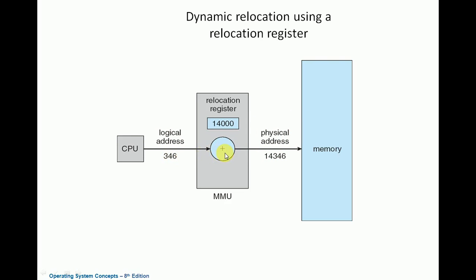The logical address is added to the value of the relocation register, that is the address stored in the relocation register, which is the starting address. The starting address plus 346, the actual physical address we got here is 14,346. This is the address of a particular instruction of a program which actually exists in the main memory. That is how the address binding is done with the help of the memory management unit.